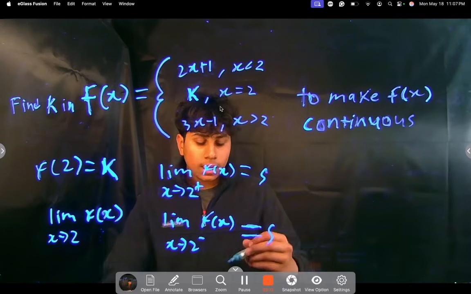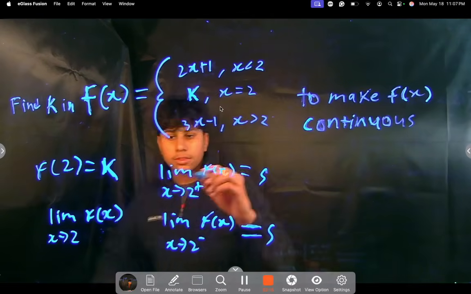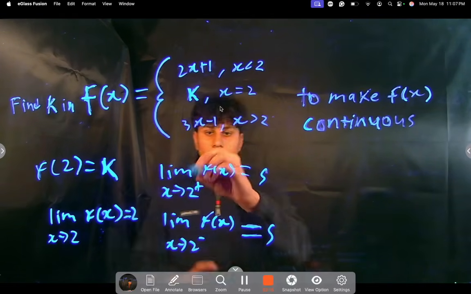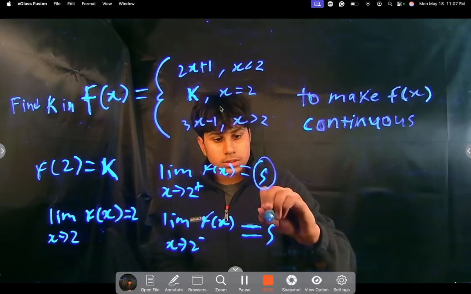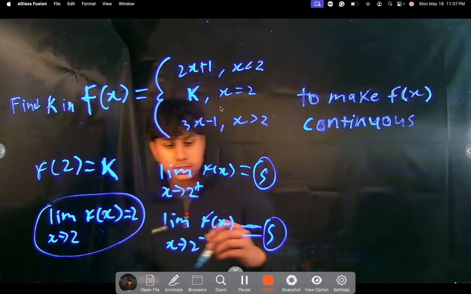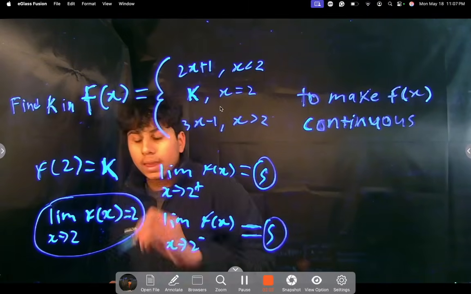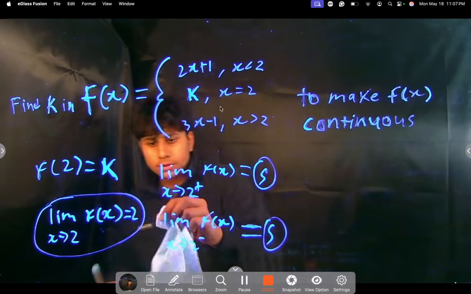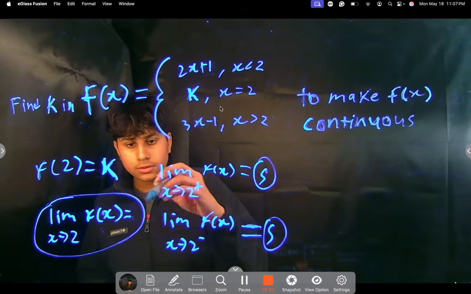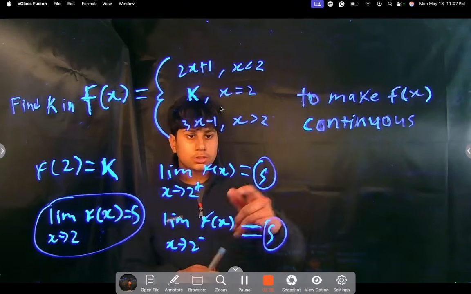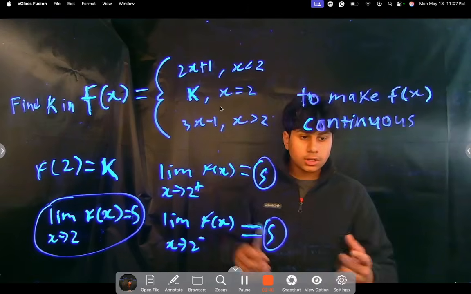Knowing these two are equal to the same thing, we can now say that the limit does in fact exist. Sorry, this equals 5, that's my bad. So now it's equal to 5, since these two are the same.